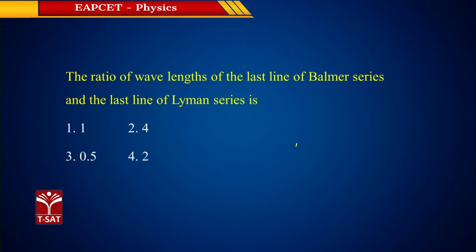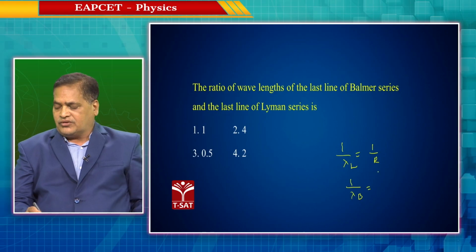Here 1 by lambda L is equal to R, for the Lyman series, and for the Balmer series 1 by lambda B is equal to R by 4.